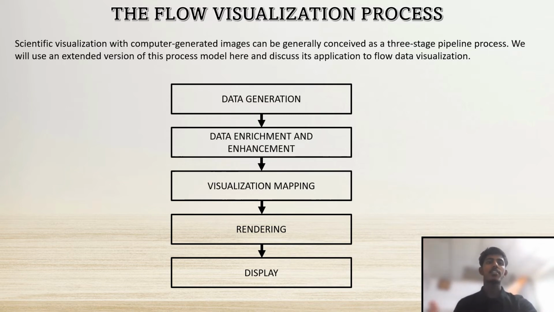The next step is data enrichment and enhancement: modification or selection of the data to reduce the amount of data or improve its information content. Examples are domain transformations, sectioning, thinning, interpolation, sampling, and noise filtering. The third process is visualization mapping: translation of the physical data to suitable visual primitives and attributes.